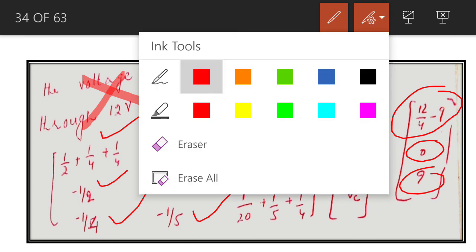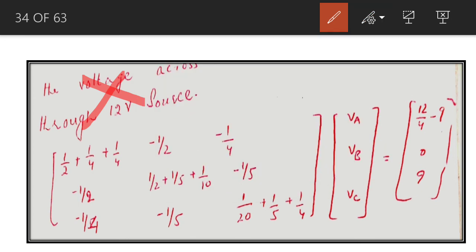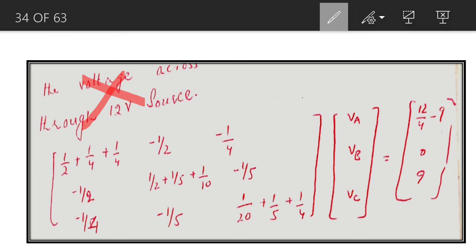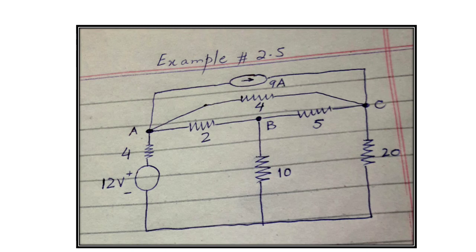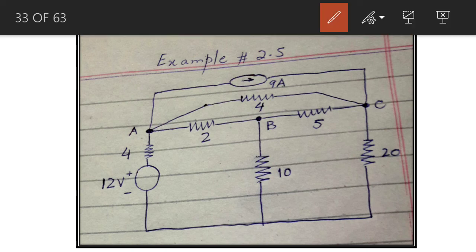So for IG1, let us consider the sources which have been connected to the first node. If you consider the first node, two sources have been connected to it. This voltage source has been connected with the help of a series resistor of 4 ohm to the first node, and this current source has been connected to the first node as well.